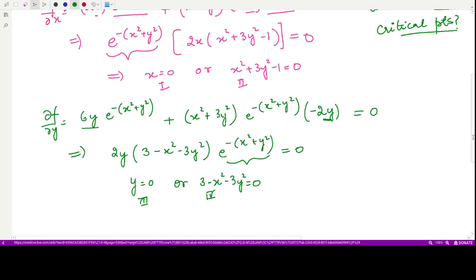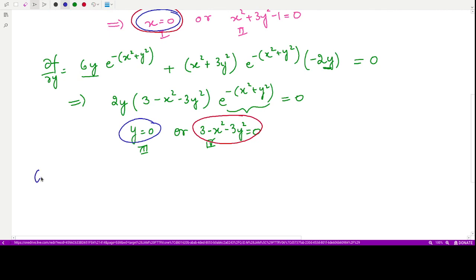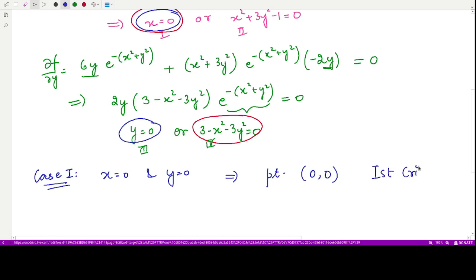Now for the critical points, you may either have this term with this term, or you may have this term with this term. This is the second possibility. Let me talk about the first possibility first. Let me take cases. For the first case, you have x is equal to 0 and y is equal to 0. That means your point here would be 0, 0. This is the first critical point that you obtain.